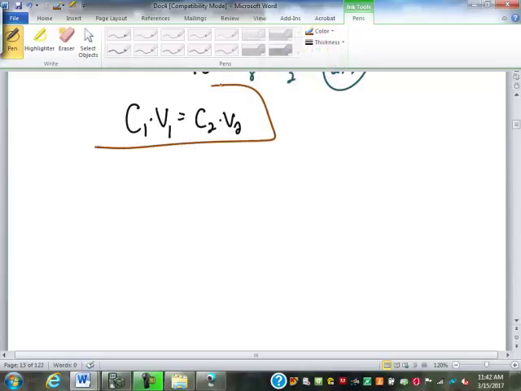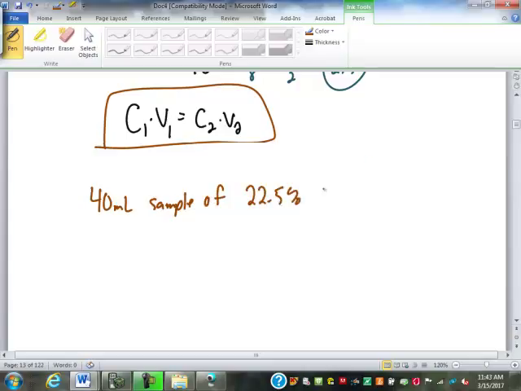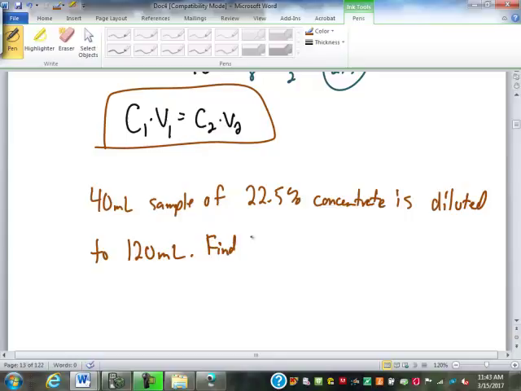So as we look at that, let's say we are told that a 40 milliliter sample of 22.5% concentrate is diluted to 120 milliliters. So the 120 milliliters is the final volume. Find the new concentration.